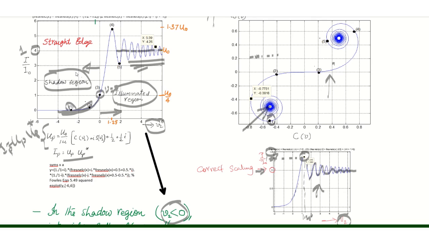It may not be exactly the same. Point 2 is this point here. Then you have 3, which ideally should be 0, 0, and that is this point here. This is 4, where you have the maximum. That is 1.25 somewhere.